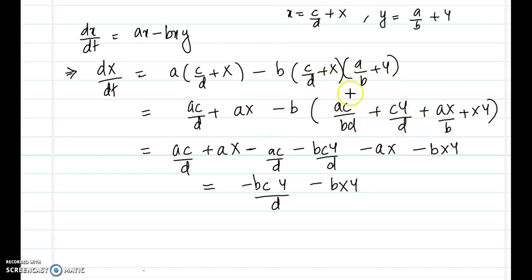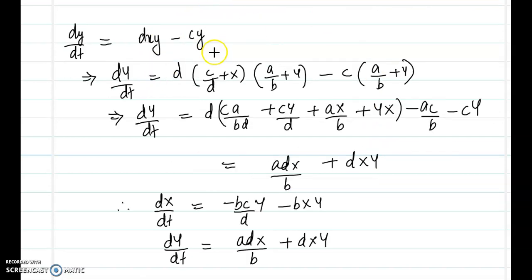Upon multiplying, we will get ac by d plus aX minus b times (ac by bd plus cY by d plus aX by b plus XY). Upon simplifying, ac by d and aX will cancel out. So remaining we will have minus bc by d into capital Y minus b capital X into Y. So that will be dX by dt, and similarly dy by dt is dxy minus cy.